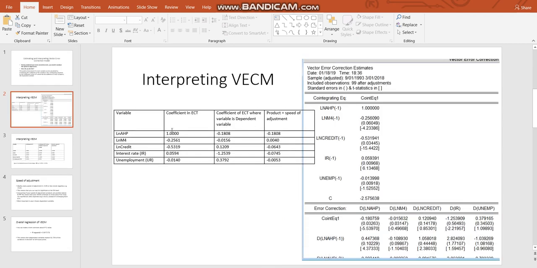So what does that mean? In practice, ln AHP 1 times minus 0.1808, and notice here how ln AHP is the dependent variable, so you multiply those two together and we get minus 0.1808. ln M4, or the money supply, minus 0.2561 multiplied by minus 0.0156, and that gives you 0.004.